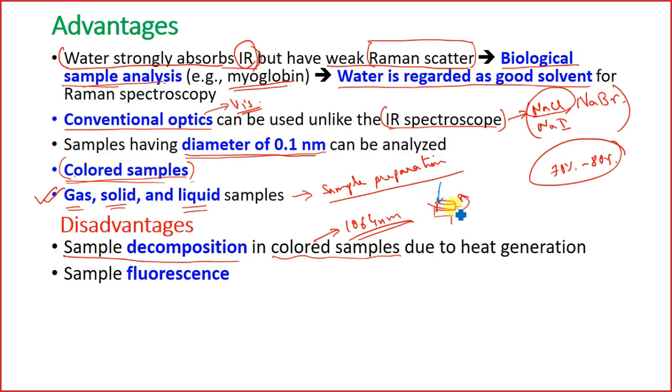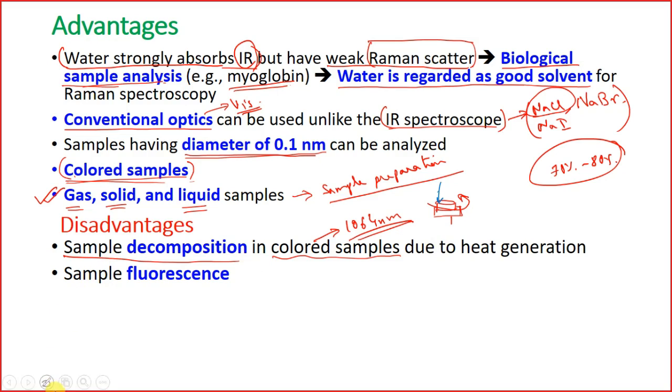During the rotation, every time the rays will be falling onto a separate region. In this way, we can reduce the heat absorbed by the samples, which can help in preventing sample decomposition.